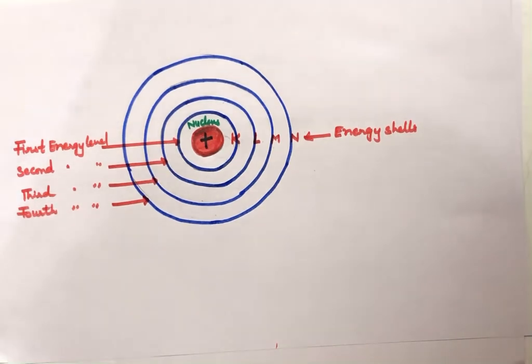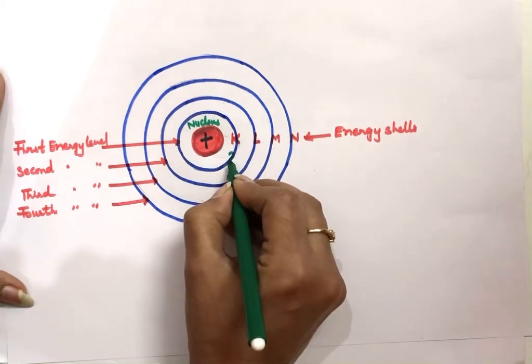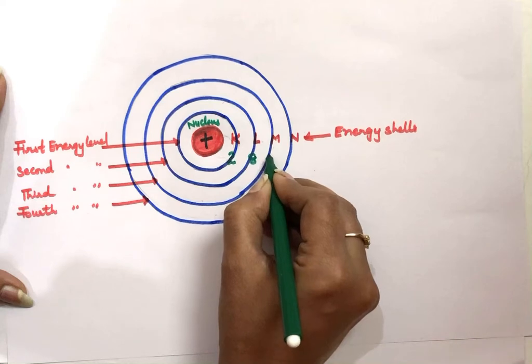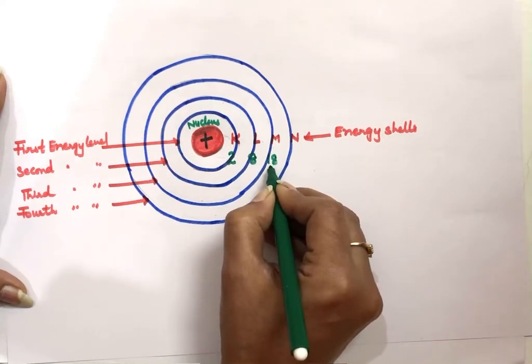How many electrons are there in each energy level? In this case, the first K shell can accommodate 2 electrons. The second can accommodate a maximum of 8 electrons. Then a maximum of 18 electrons can be accommodated in the third shell.